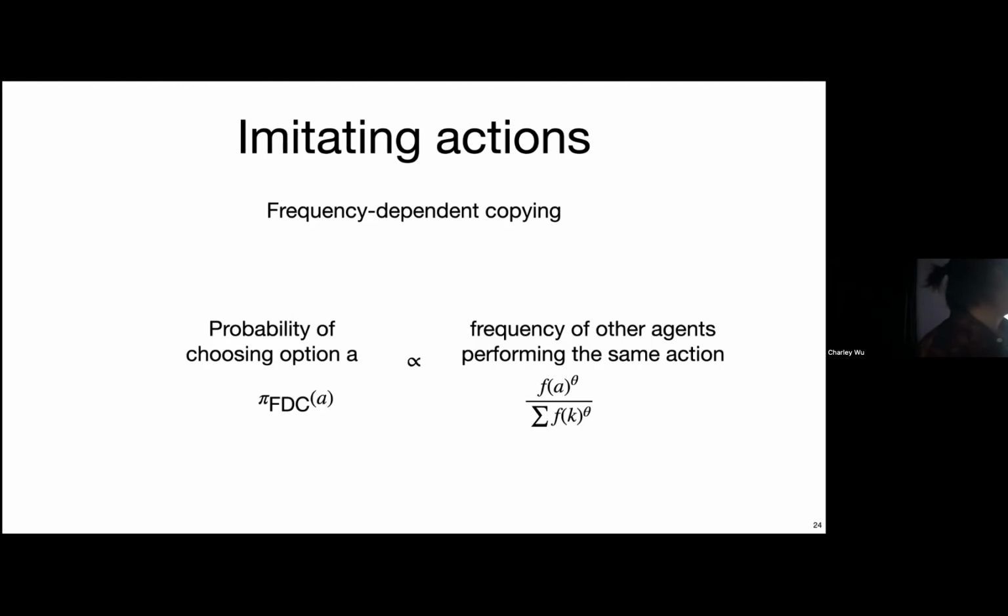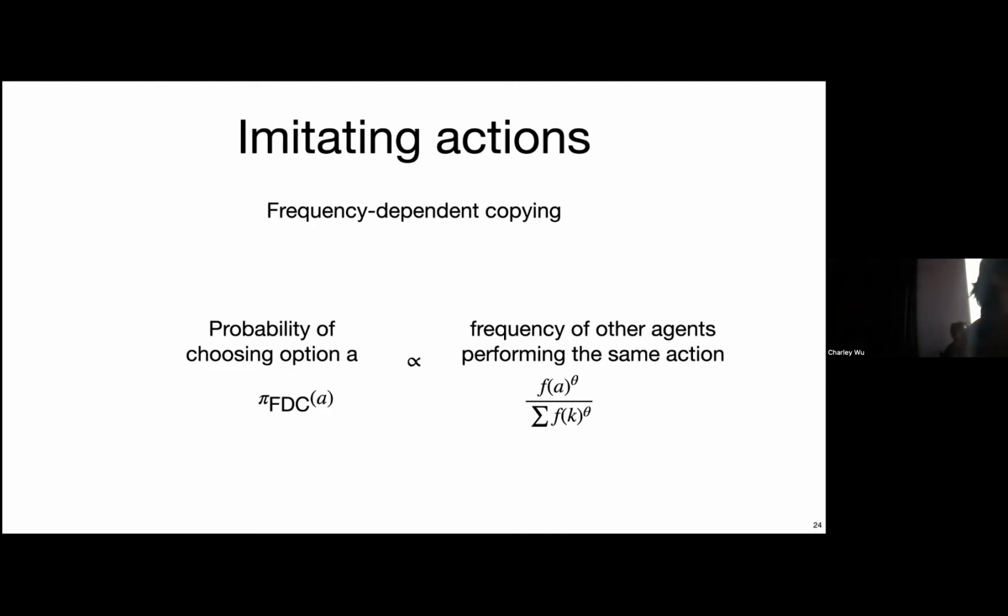Then the policy, or choice probability, of frequency dependent copying to option A is correlated to the frequency information. F_A is the number of other agents choosing option A, and then it's averaged. This is a theta parameter here, but it's not the same theta as in Charley's short talk.